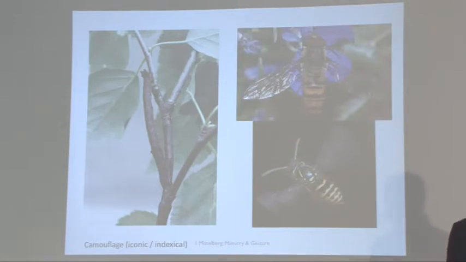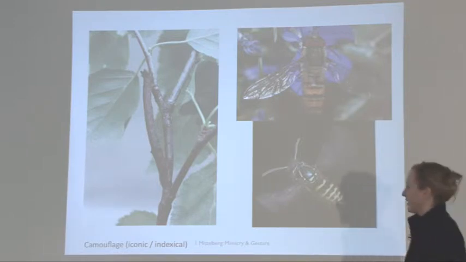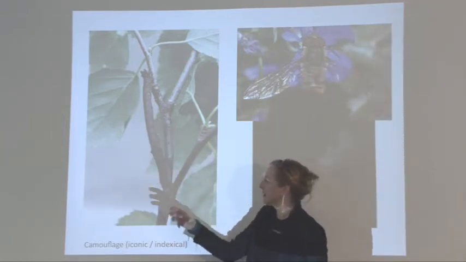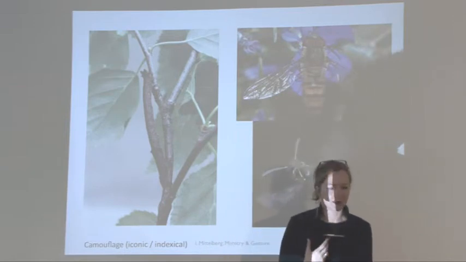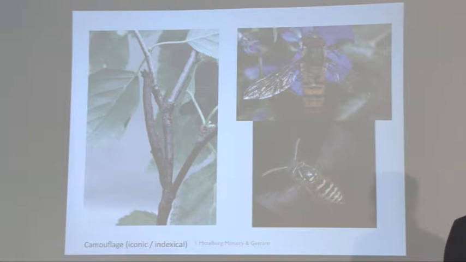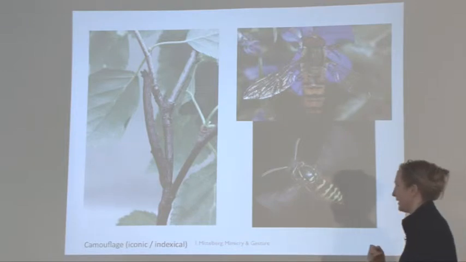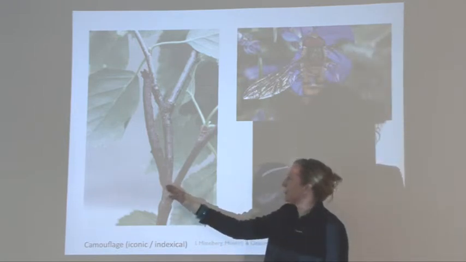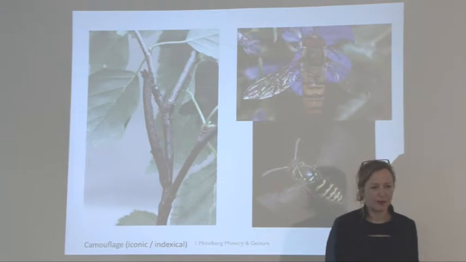And of course, now that I was supposed to talk about mimicry, I looked a little bit for these beautiful images. What I would like to point out right from the start is that this is, of course, an iconic transformation and adaptation to the environment, but it's also highly indexical, because without the indexical anchorage, as I always say, maybe there are also other words for it, this semiotic process would not work.